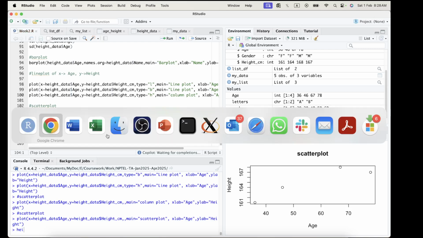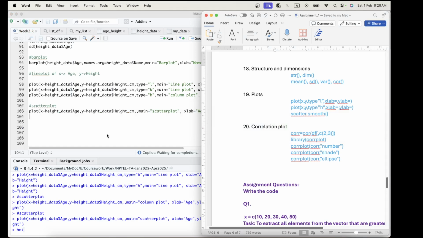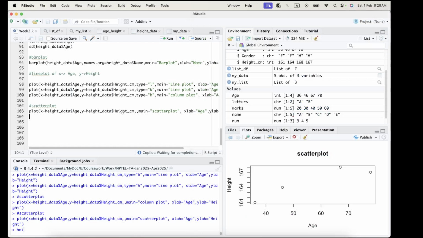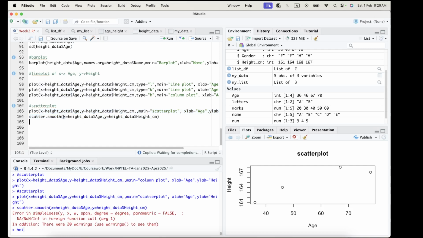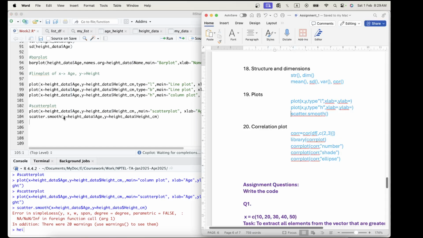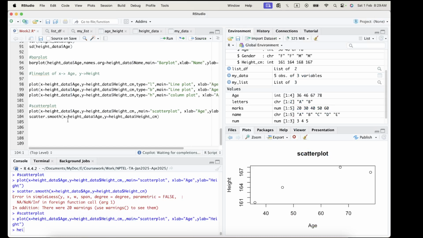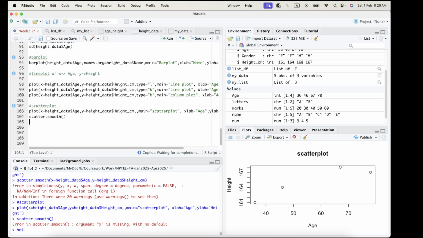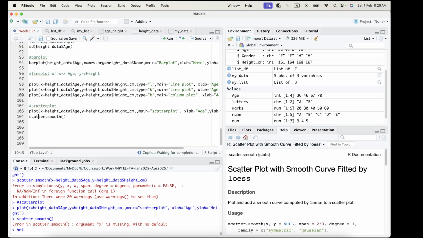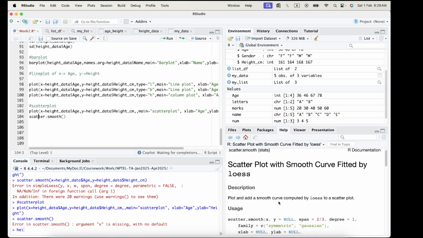Alright, so the plot command and bar plot command are a little helpful in doing these sorts of things. Alright, now let us see what scatter.smooth does. I'll have to find out what it does. Okay, scatter plot with smooth curve fitted by lowess.